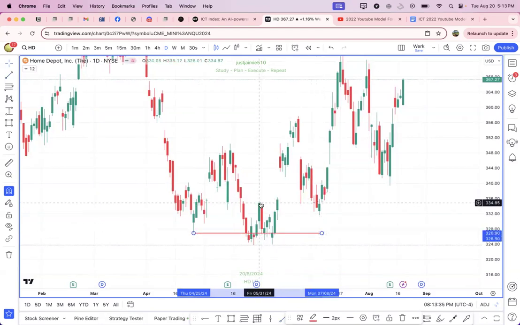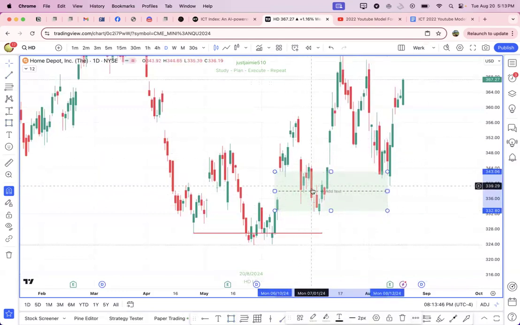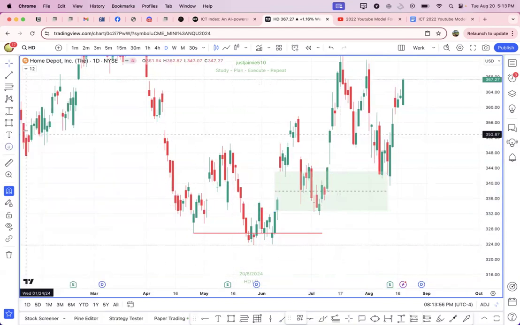Then you have a little short-term high here, and it displaced up above that and gave you a fair value gap. Dug deep in that bad boy and took off, right? So you can have your short-term high there. Some people might even have it up here.